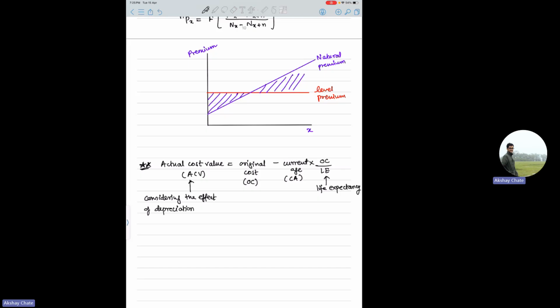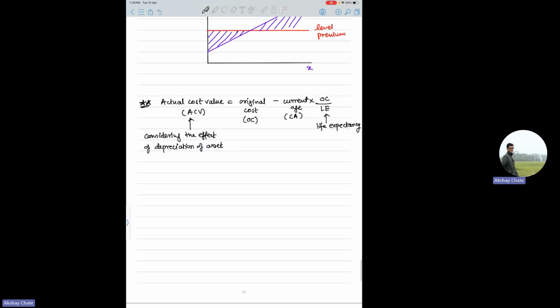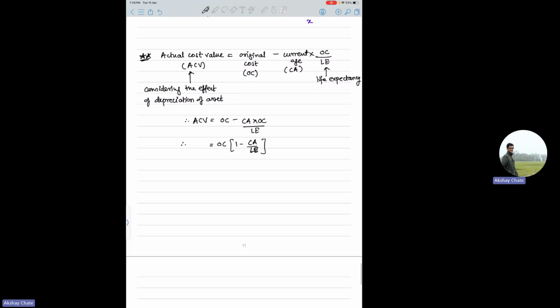So you use this formula: ACV equals OC minus CA into OC by LE. You can write it as OC into 1 minus CA by LE. This is how you write ACV.